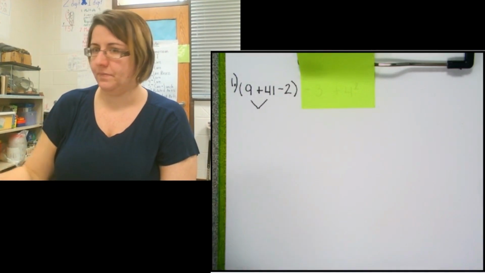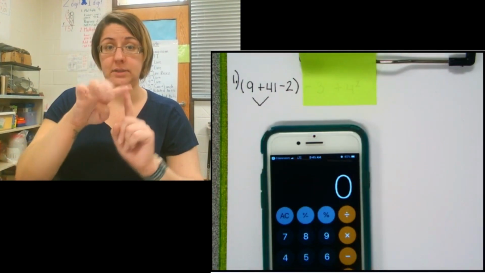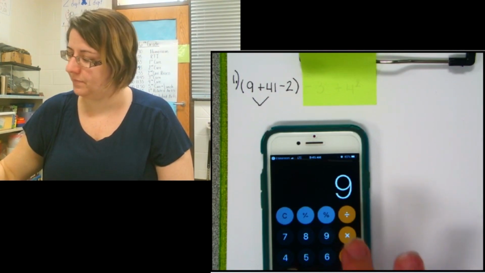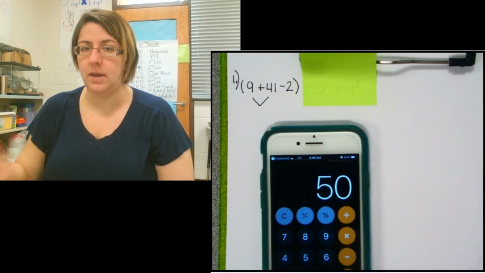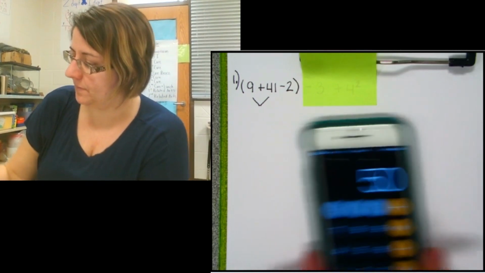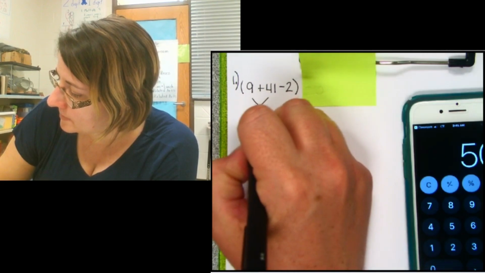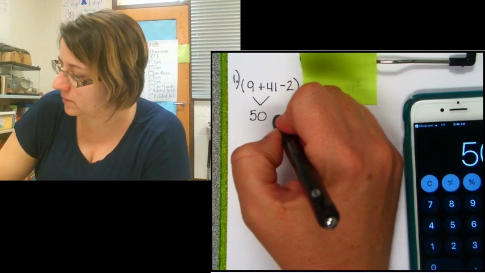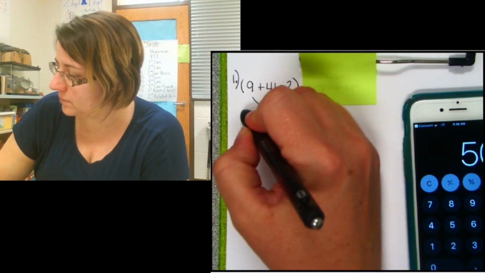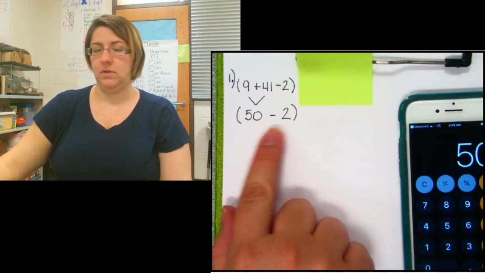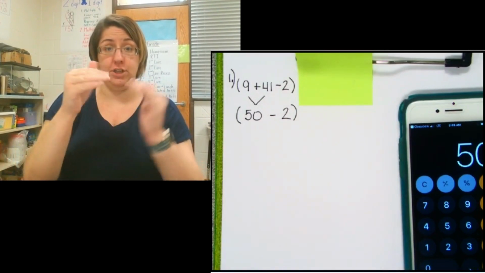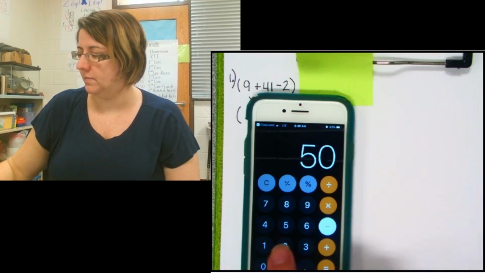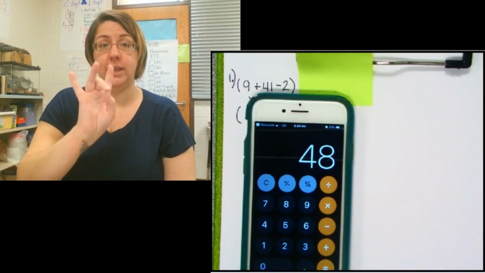So, 9 plus 41 equals 50. Now we're going to subtract 2. So, 50 minus 2 equals what? 48.